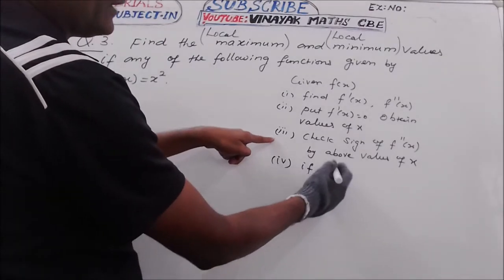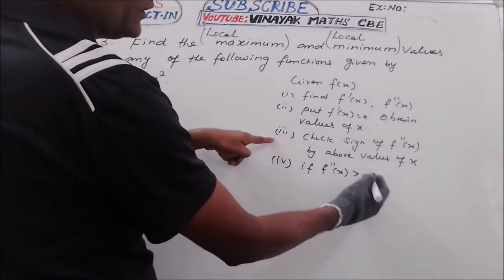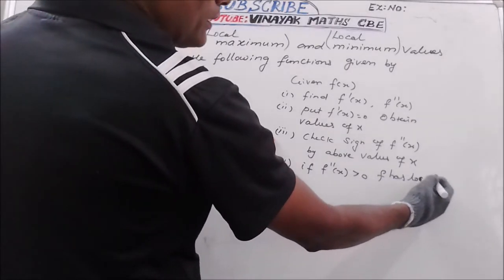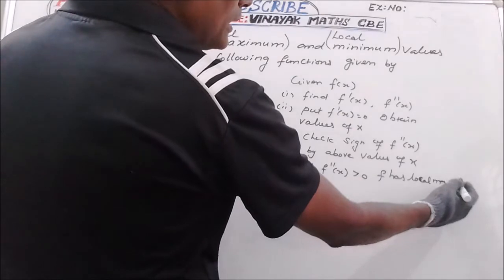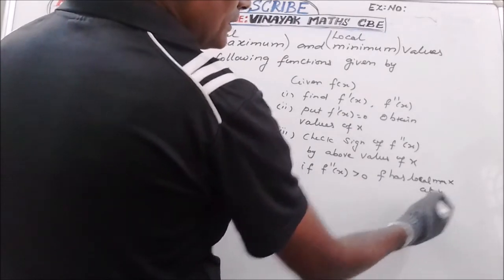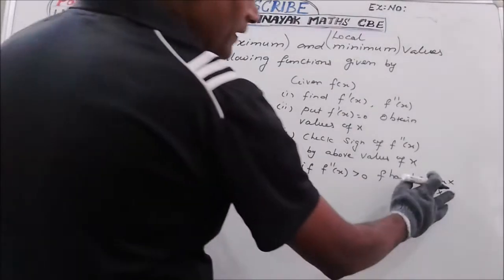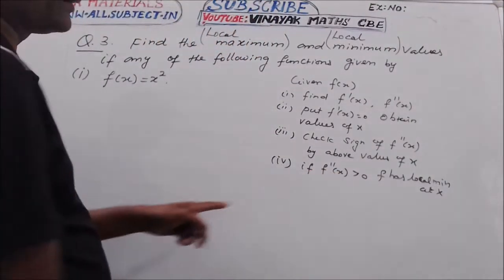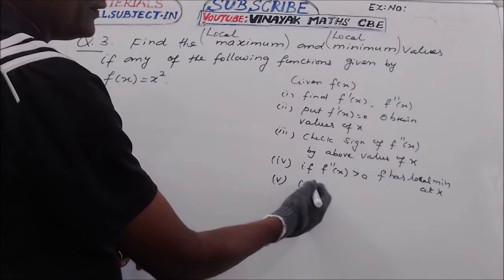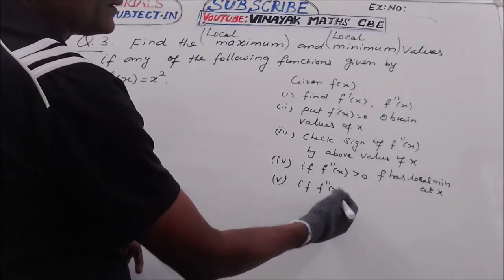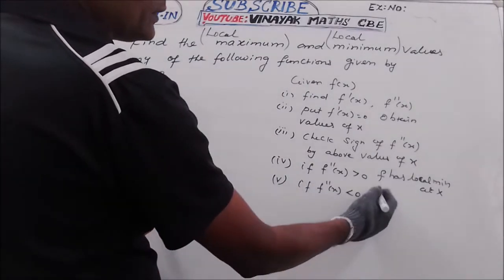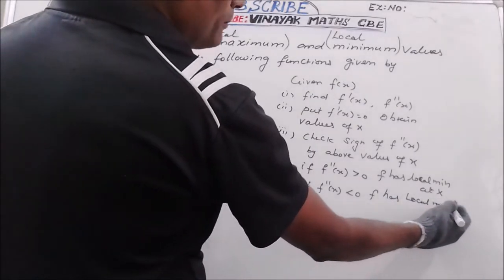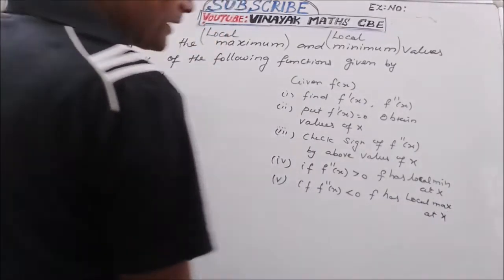If f double dash of x is greater than 0, f has local minimum at the substituted value of x. And if f double dash of x is less than 0, f has local maximum at the substituted value of x.